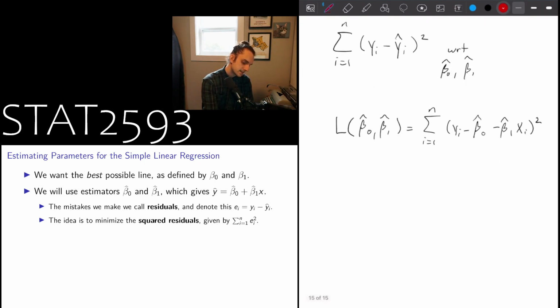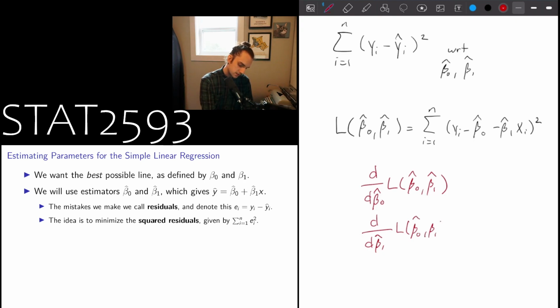And then the idea is that we could take the derivative of L(beta 0 hat, beta 1 hat) with respect to beta 0, and we can take the derivative with respect to the slope.